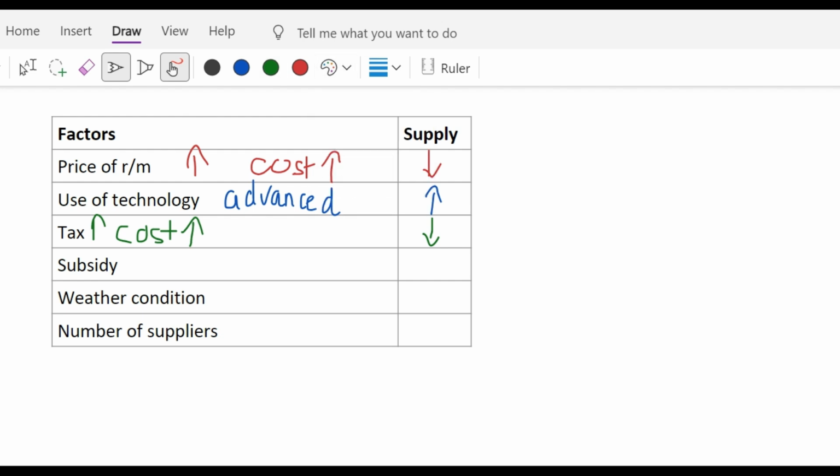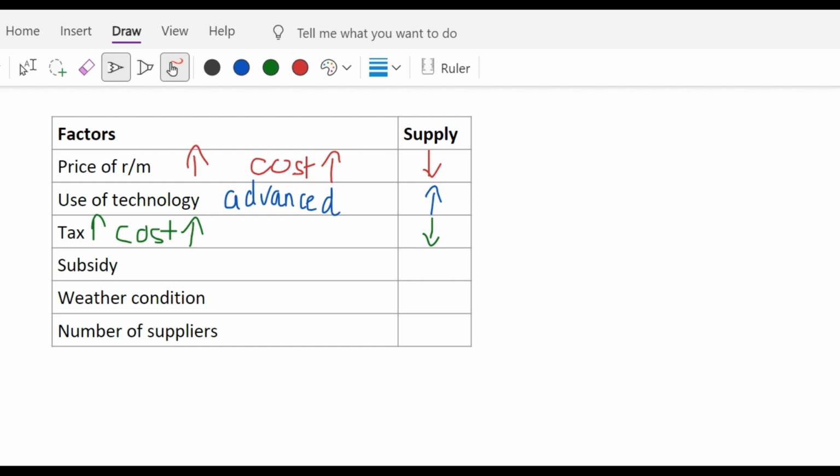Then we have subsidy. Subsidy is, remember it like the opposite of tax. Why? Because subsidy is a benefit that the government gives, whereas tax was a cost imposed by the government on the suppliers. Then if subsidy is a benefit or a grant, it's a grant given by the government.